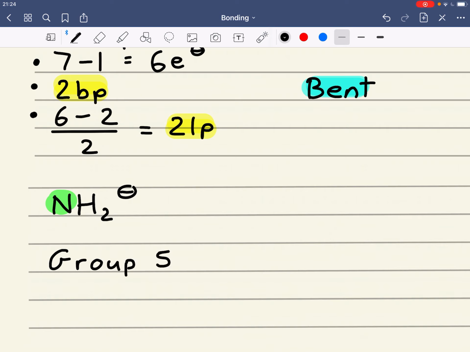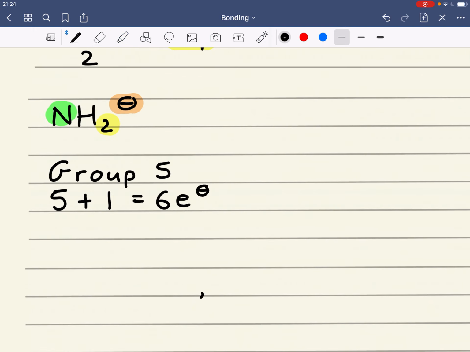Now, that means we've got 5 electrons available for bonding, but we've got a 1 minus charge, so we add 1 electron to those 5, and that gives me 6 electrons available for bonding. How many of those 6 electrons are involved in forming bonding pairs? Well, there is 2. That gives me then 2 bonding pairs.